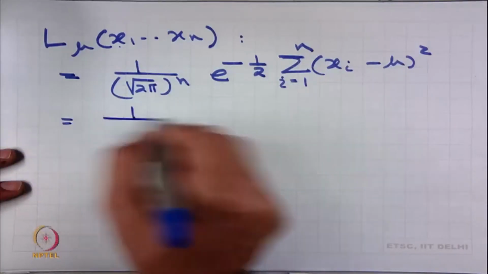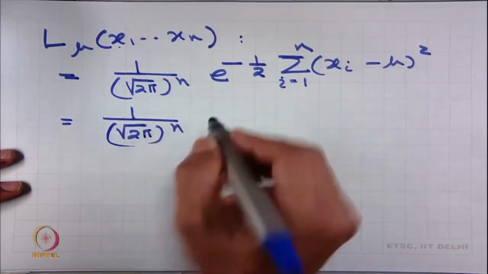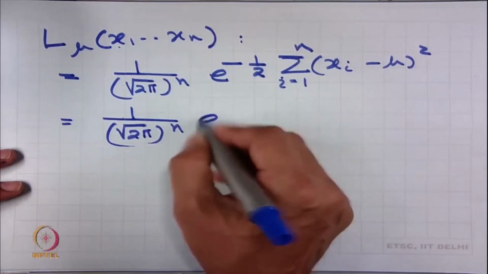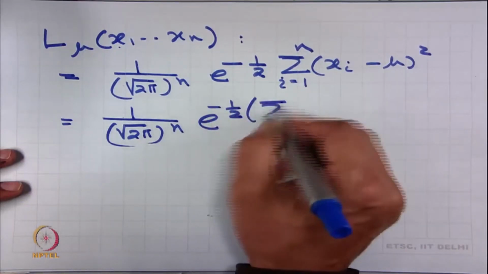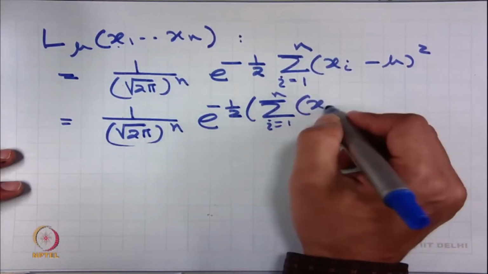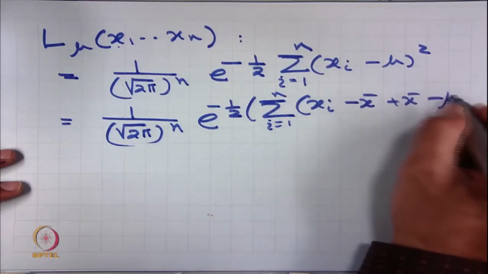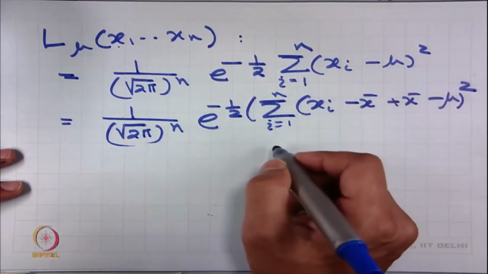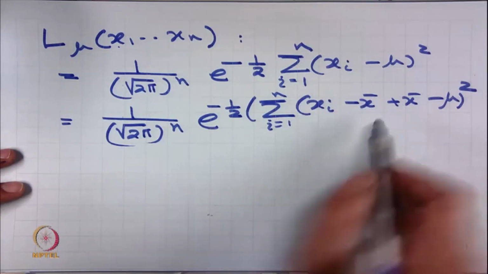This is equal to 1 over root over 2 pi to the power n, e to the power minus half sigma i equal to 1 to n, xi minus x bar plus x bar minus mu whole square. So, what we have done? I have subtracted and added x bar.